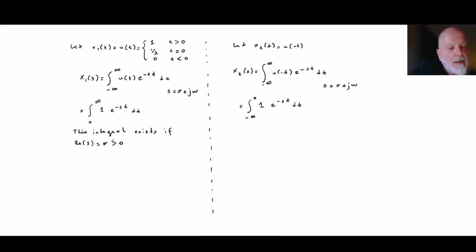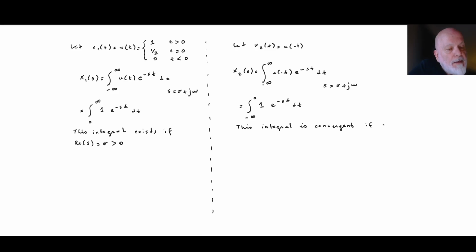Okay, now what about this integral? In x2 of s, we have an integral from minus infinity to 0 of 1 e to minus st integrated with respect to t. So this integral is convergent. Remember, exists means convergent, because we have a limiting operation as t tends to minus infinity, the lower limit of the integral.